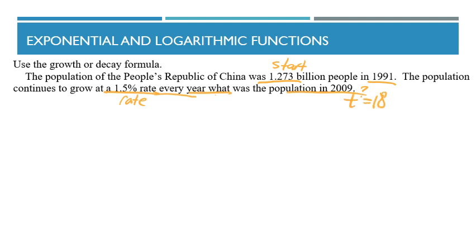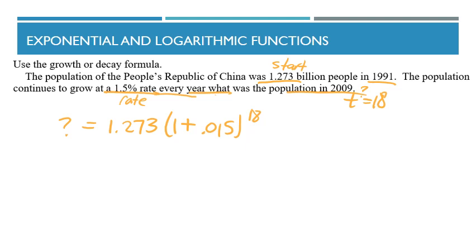So if I plug that in, what's the population? If I start with 1.273 billion, and I'm increasing by 0.015, what would it be in 18 years? So be very careful how you type this in. Watch your decimals, watch your parentheses, and so on. Let's see.